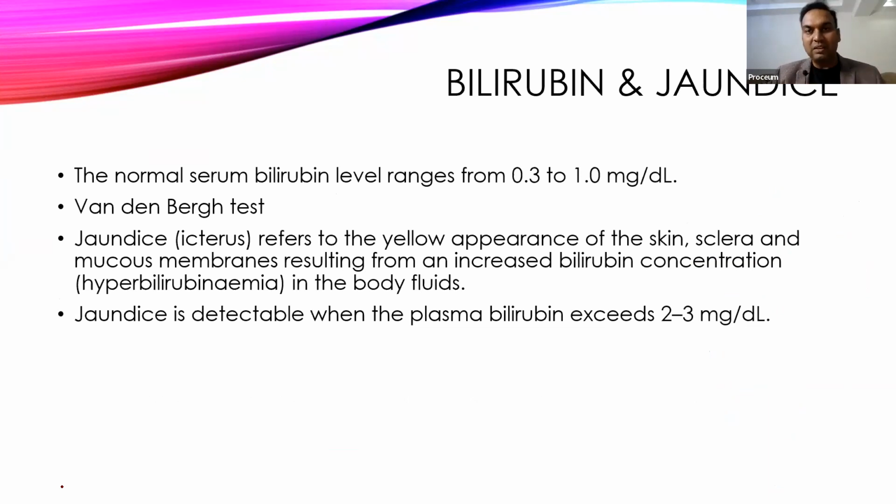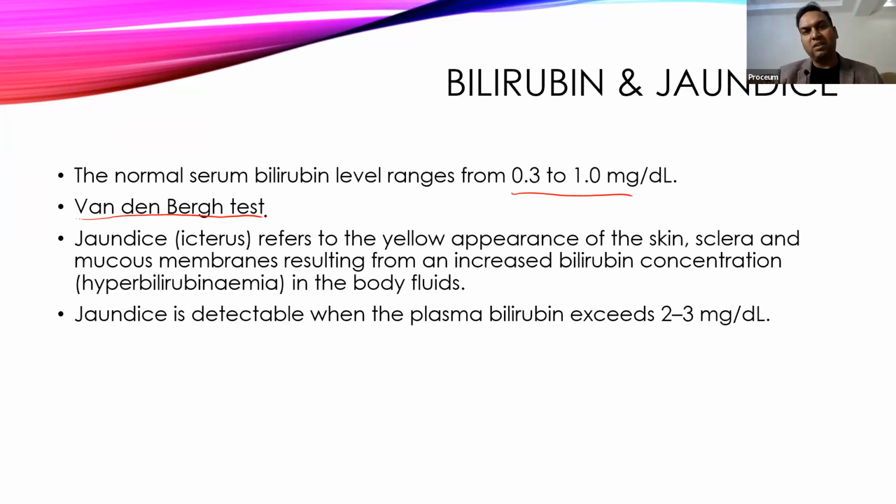Now, this bilirubin continuously keeps forming and is released into the liver, then into stool, and also into the urine, and it maintains some concentration in the blood. In a normal individual that concentration is around 0.3 to 1 milligram per 100 ml of blood. This concentration can be measured in the lab by the van den Bergh test, and now we have cell analyzers and auto analyzers where we can also measure it directly.